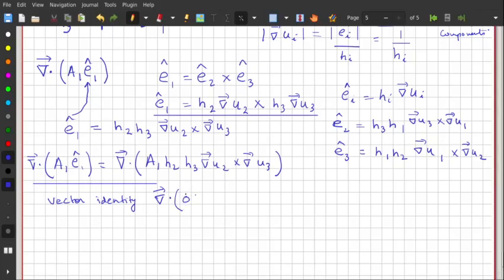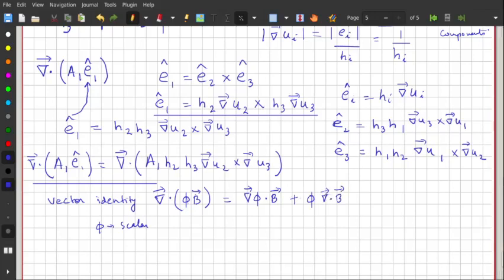So let's say we have the divergence of a scalar function, say phi, times another vector, say b. So phi is a scalar and b is a vector. This becomes, remember, like the product rule: grad phi dot b, plus phi divergence of b.